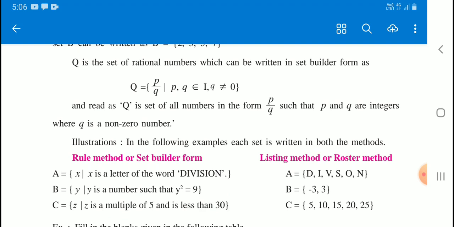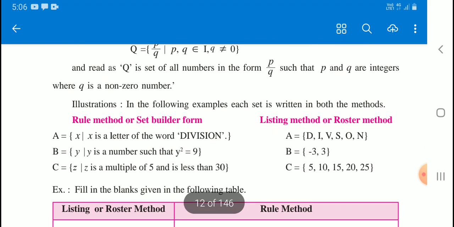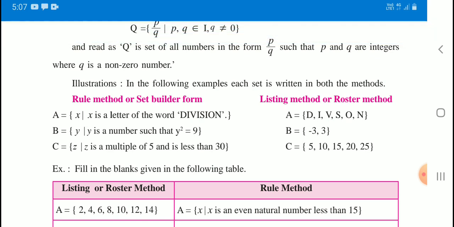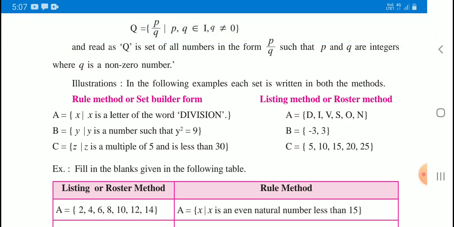Now we will see a few examples which are written in both methods. The first set is A is equal to x such that x is a letter of the word division. We can write the set using the listing method or roster method as A is equal to, in curly brackets, D, I, V, S, O, N, and curly bracket completed.